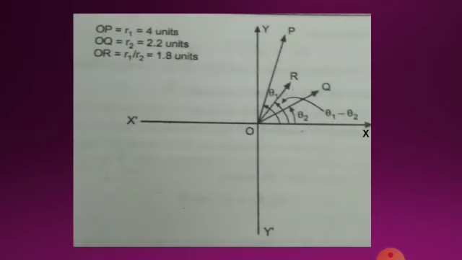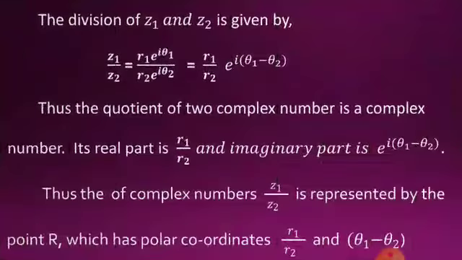Now their quotient, that means Z1 by Z2, is equal to r1 e raised to i theta 1 divided by r2 e raised to i theta 2, equal to r1 by r2 into e raised to i (theta 1 minus theta 2).